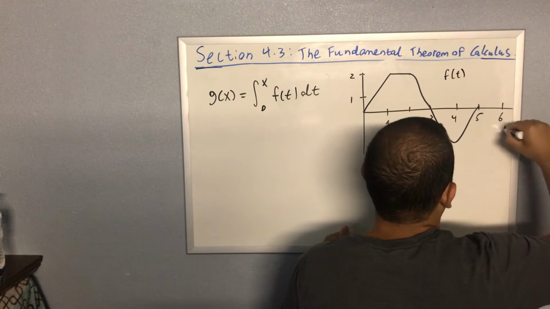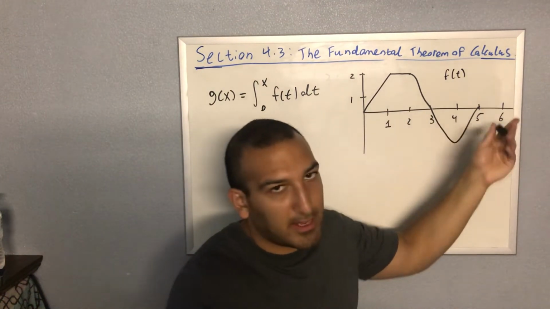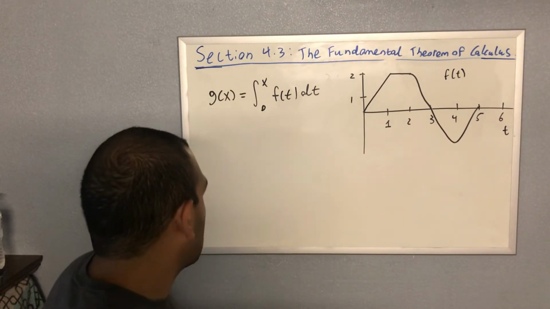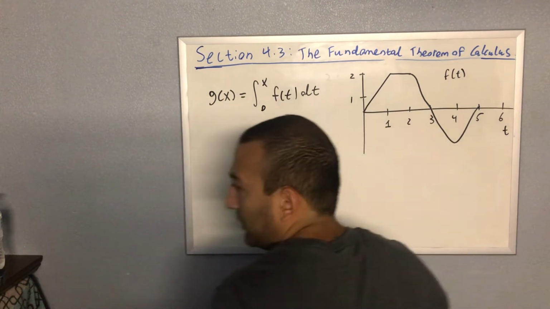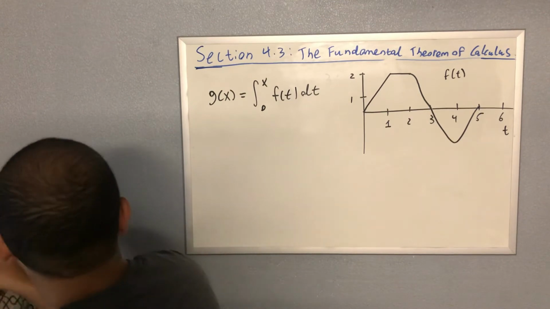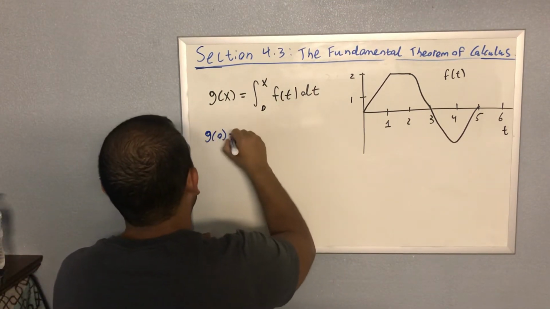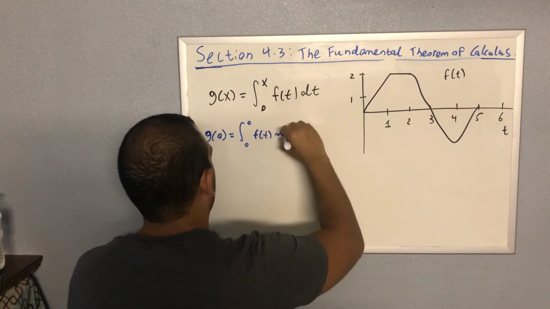On the horizontal axis, we're putting t basically instead of x. Remember, it doesn't matter too much. So let's actually compute what g at each of the inputs would be. What is g of 0? g of 0 is the integral from 0 to 0 of this.